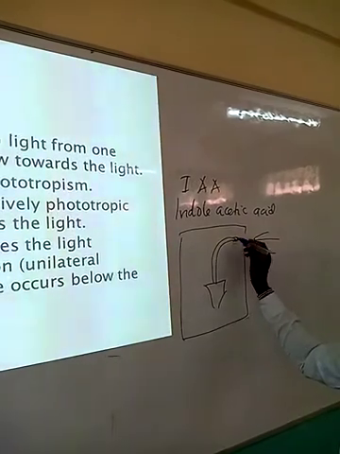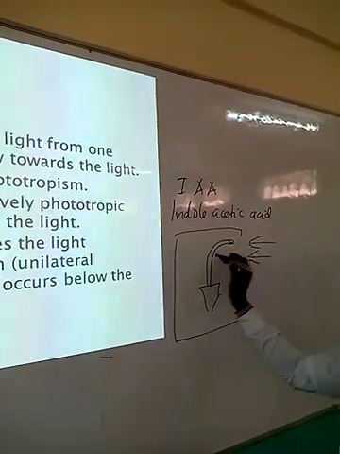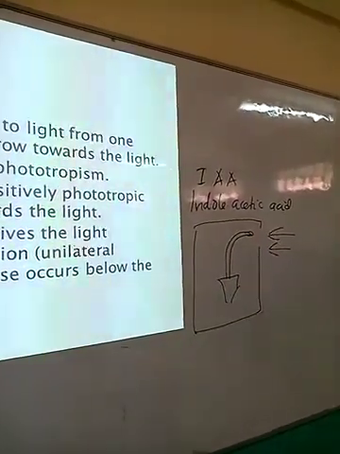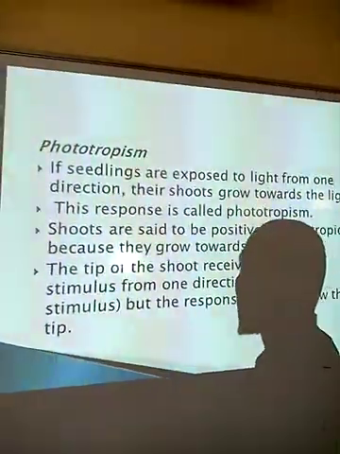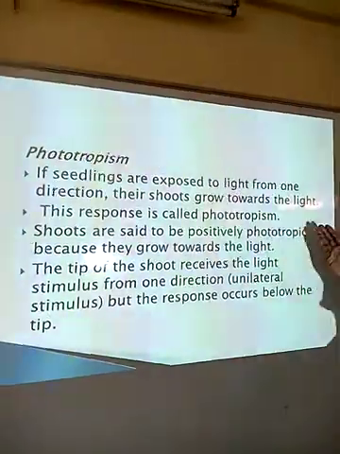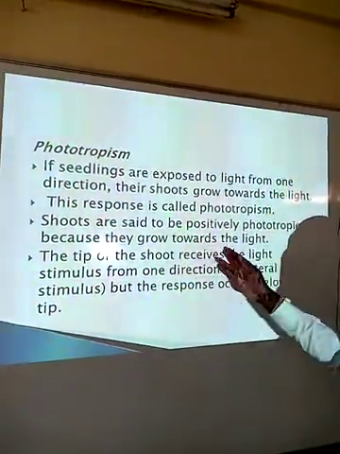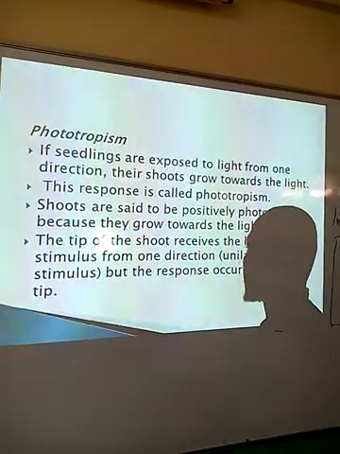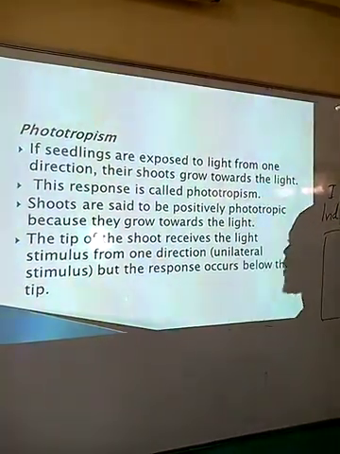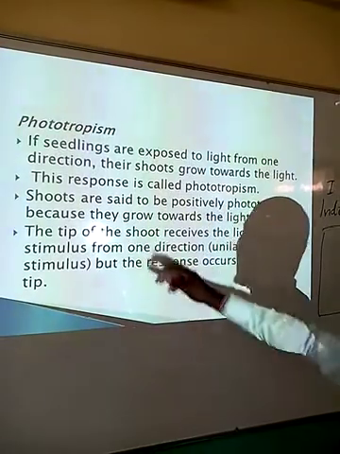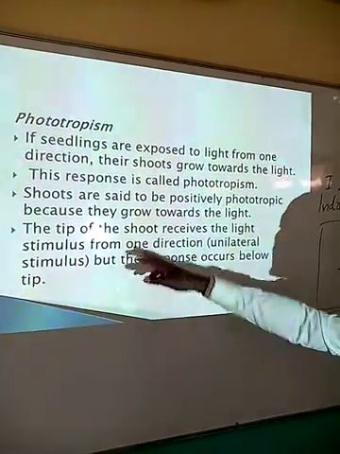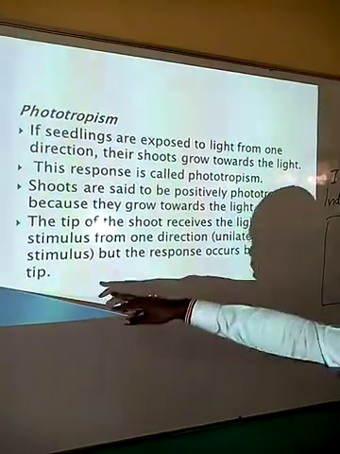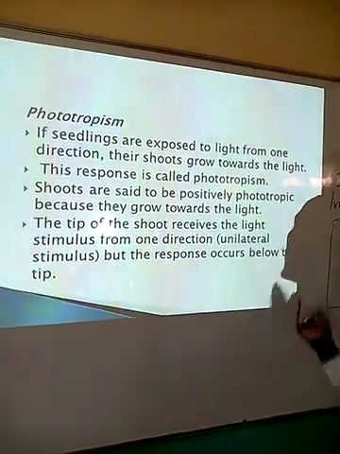We want to see how this happens. If the light is coming from one direction, there is that growth curvature, the bending. Shoots are said to be positively phototropic because they grow towards the light. The tip of the shoot receives the light stimulus from one direction, a unilateral stimulus, but the response occurs below the tip.